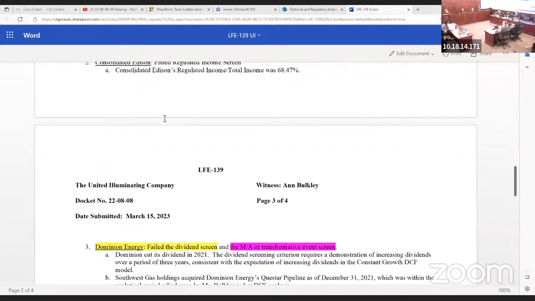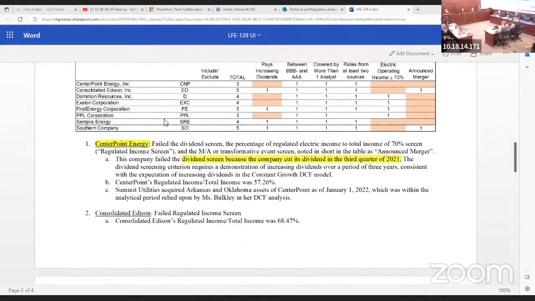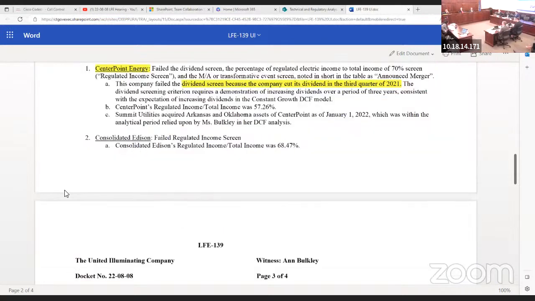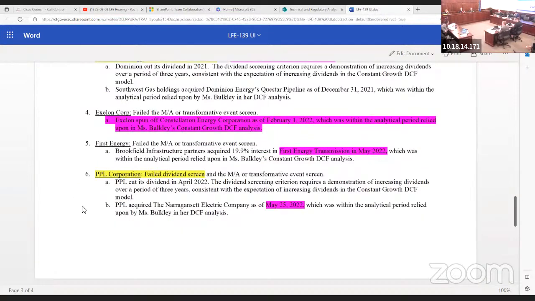Do you recall that? I think you even talked about it earlier today. Yep. Dominion cut it in 2021 and PPL in 2022, according to your narrative.